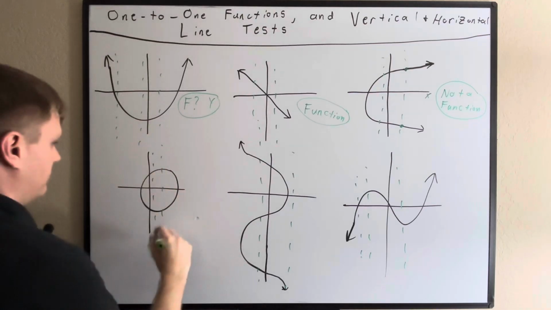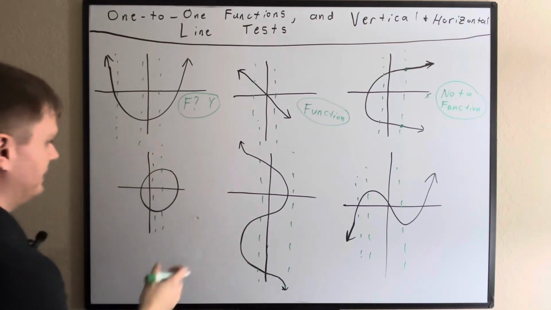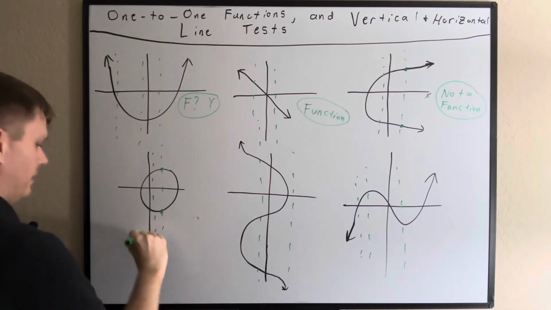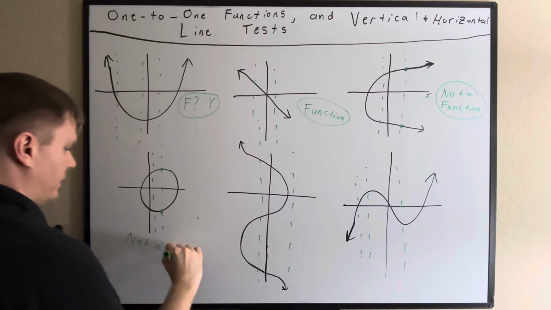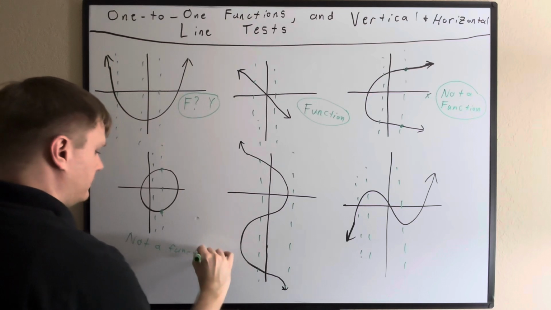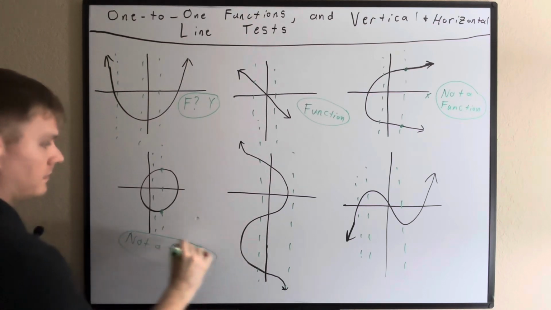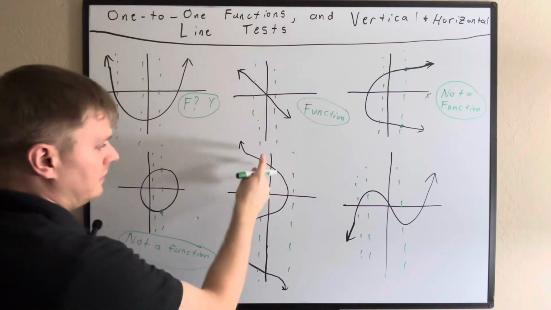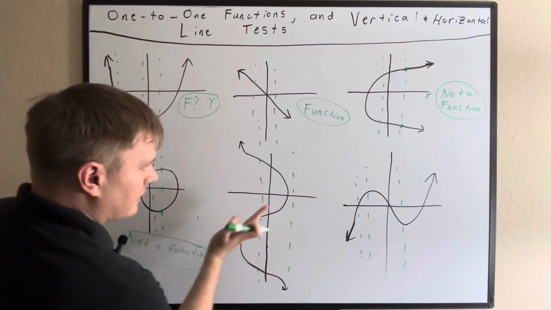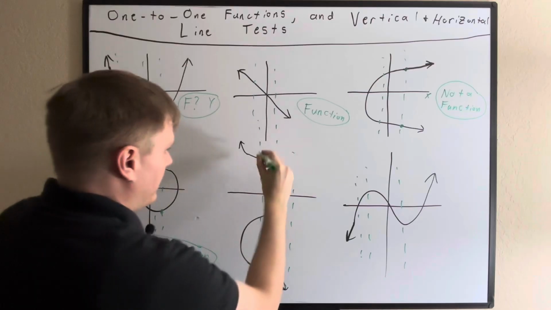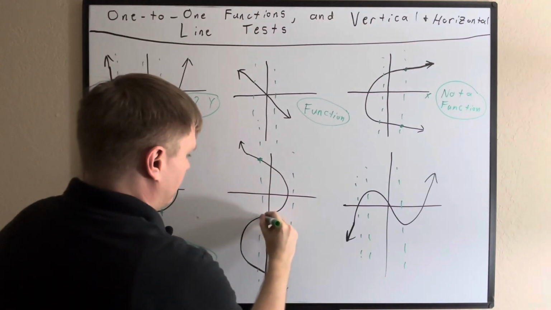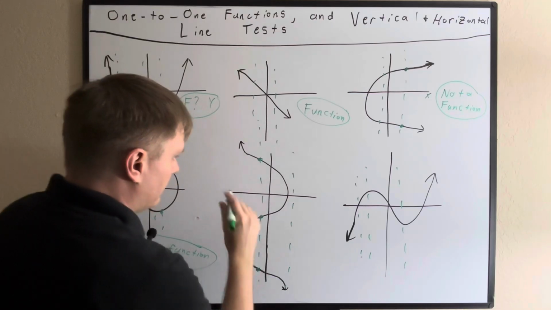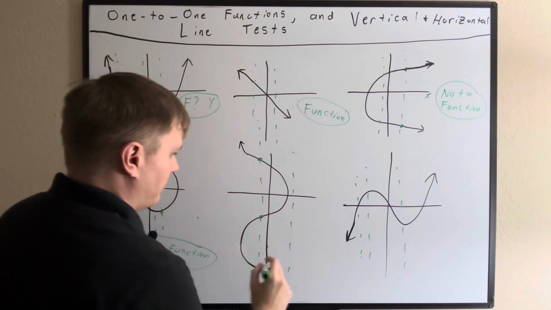Circle, yeah, there's all sorts of vertical lines here that cross the circle at two different points, so it's not a function. Here, we kind of got an S-shape. We got vertical lines that cross the graph at three different points.